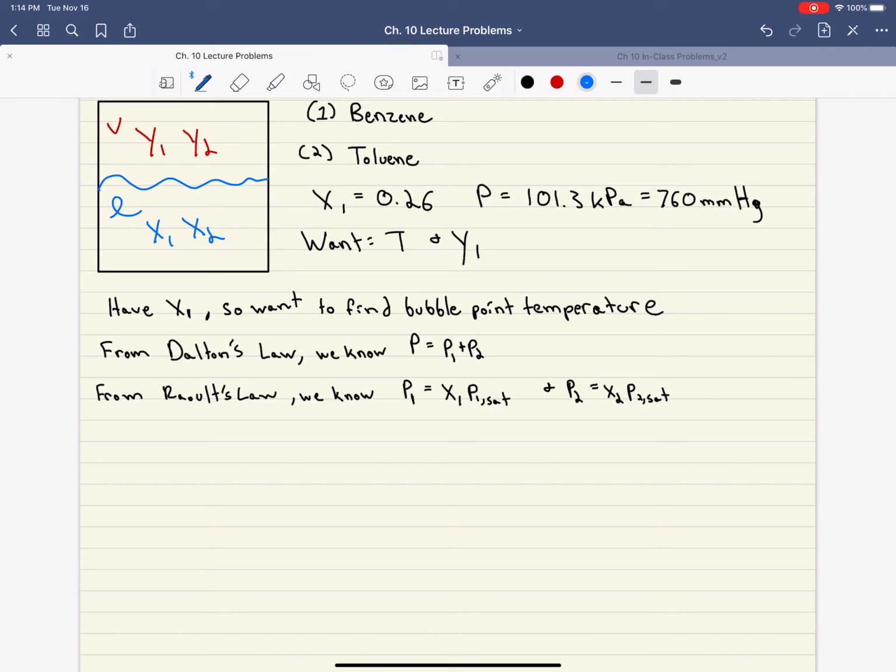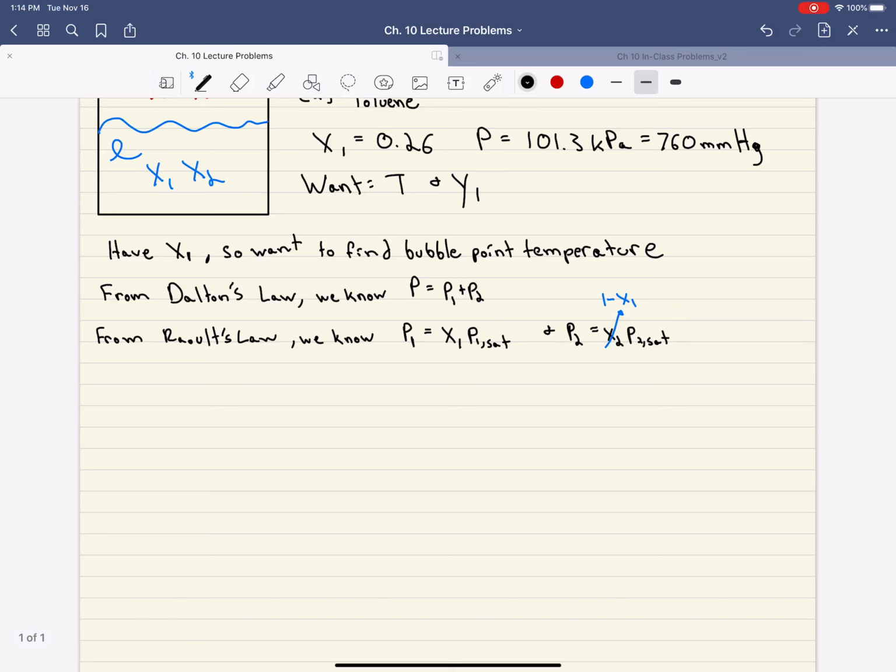And as I mentioned before, we could rewrite x2 in terms of x1. Taking these two named laws, we could combine them into this equation: the total P of the system is equal to x1 P1 sat plus (1 minus x1) P2 sat.